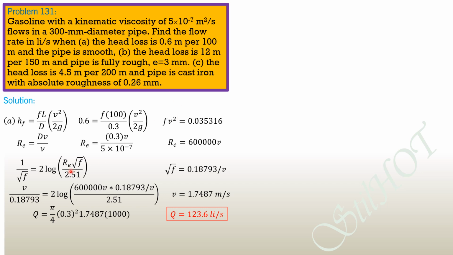So Colebrook's equation for pipes behaving as fully rough is 1 over square root of F equals 2 times log of quantity 3.7 over E over D. So everything is known, and we can solve for F. So 1 over square root of F equals 2 log of quantity 3.7 over E, 3 mm, over diameter 300 mm.